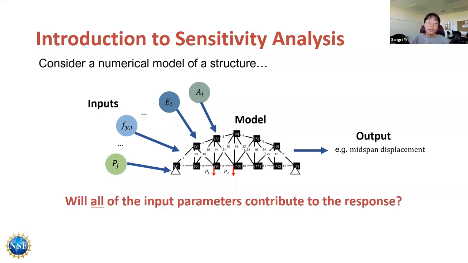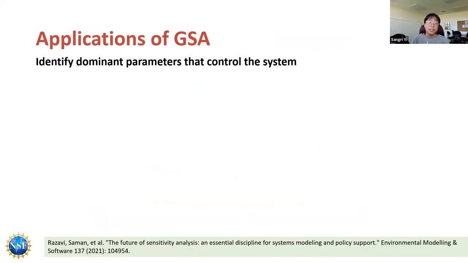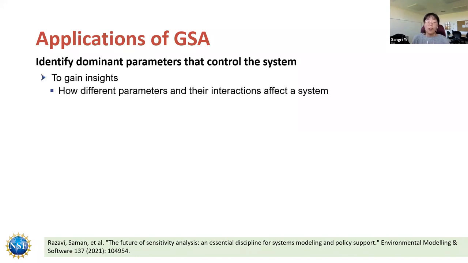And you will start to wonder, will all of these input parameters actually contribute to the response? Or which input factors are more influential than others? The method that can answer this question is global sensitivity analysis. So global sensitivity analysis basically aims to identify dominant parameters that control a system of interest, and it can be used in many applications.